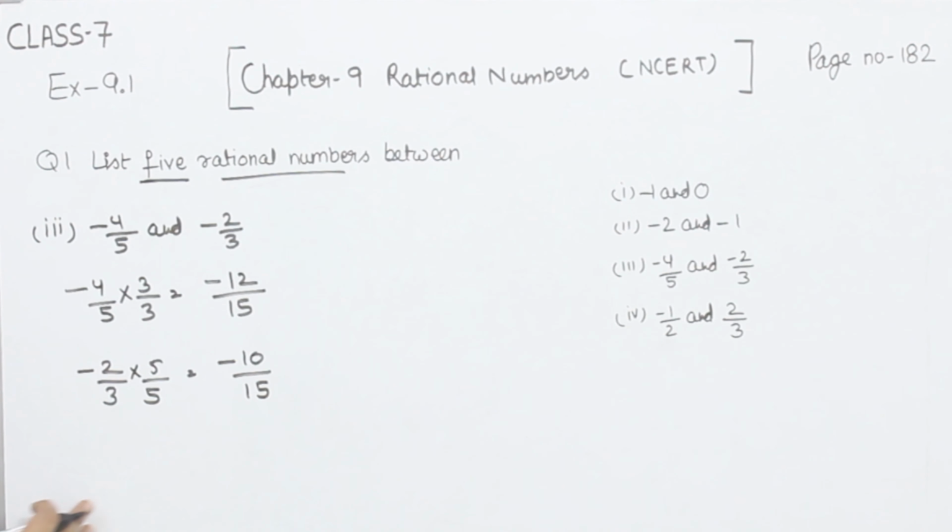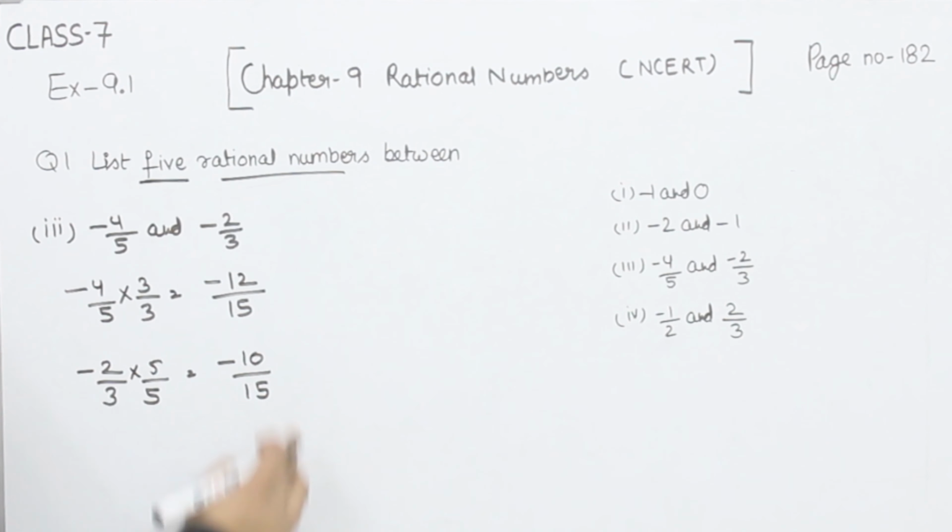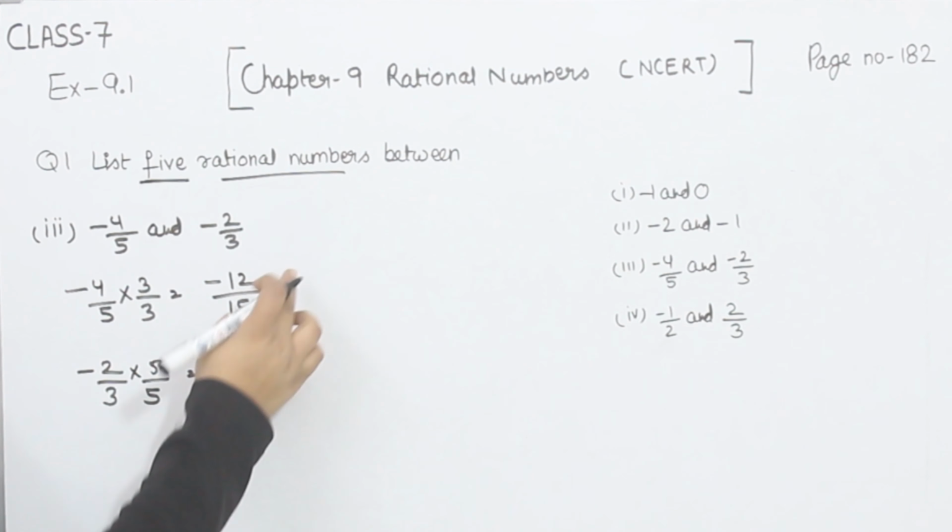Now we need 5 rational numbers, so I am going to multiply both of them by 5. So 12 5s are 60 and 15 5s are 75. Same here, -50 and 15 5s are 75. So now we have -60 by 75 and -50 by 75.